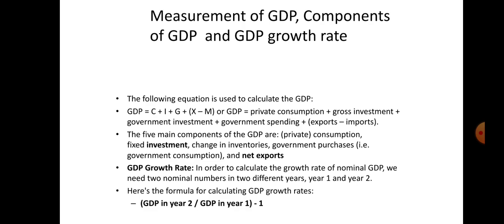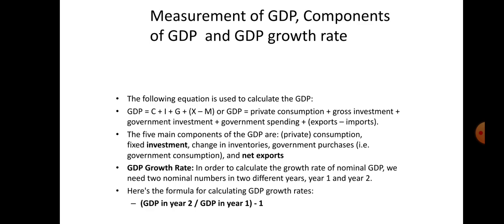Now let us understand how to measure this GDP, the components of GDP and the GDP growth rate. The following equation is used to calculate GDP: GDP is equal to C plus I plus G plus X minus M, or GDP is equal to private consumption plus gross investment plus government spending plus exports minus imports.